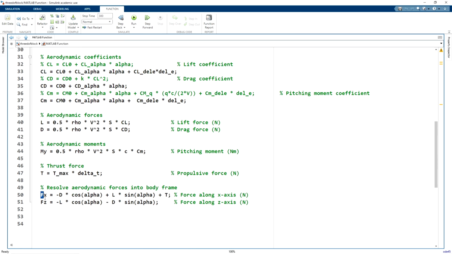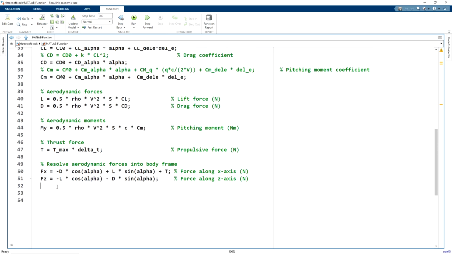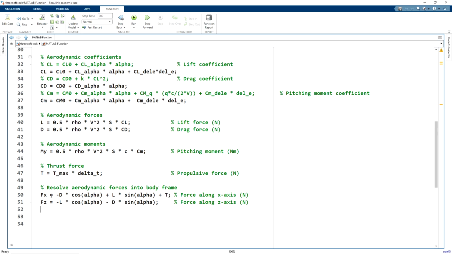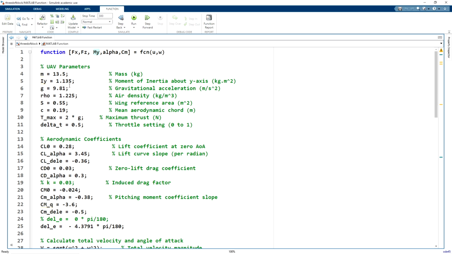We need only fx and fz so that we can give that information directly to the block. The equations that we had written here after this are already embedded into the block, so we need not write those equations here, which is unnecessary. We need fx and fz, and we also need moments about y axis. Hence I have written the output vector here as fx, fz and my.